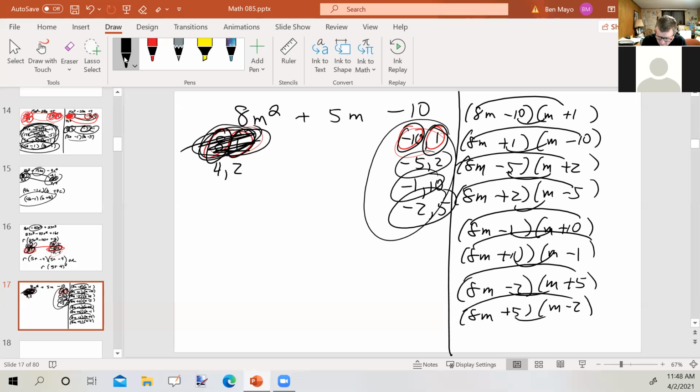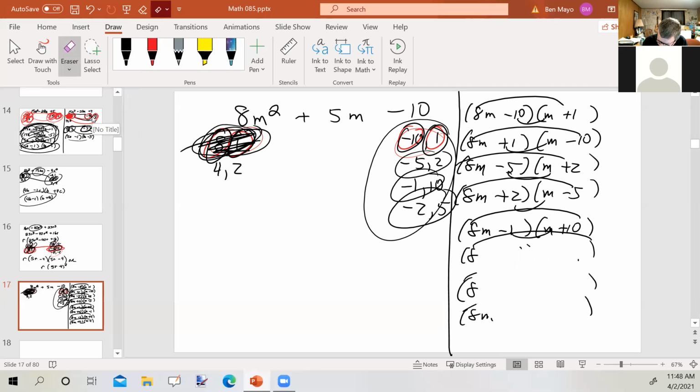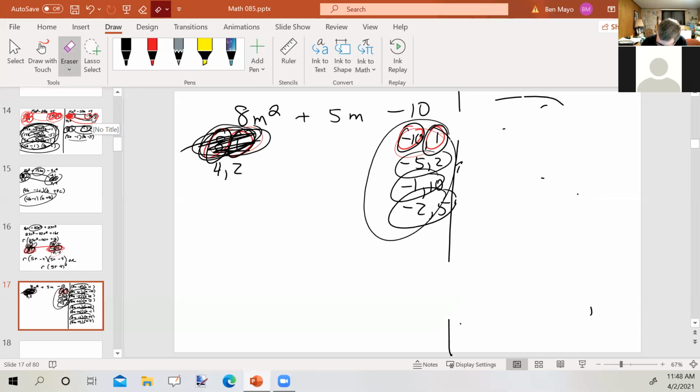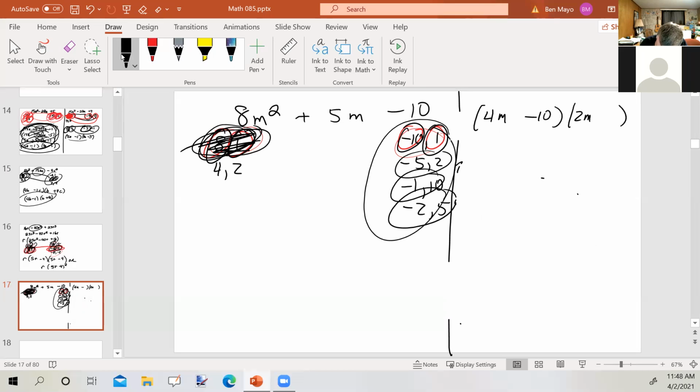So it would have to be the 4 and the 2. Let me do this so I don't have to go to a new page. So I've got 4m and 2m and minus 10 and plus 1.